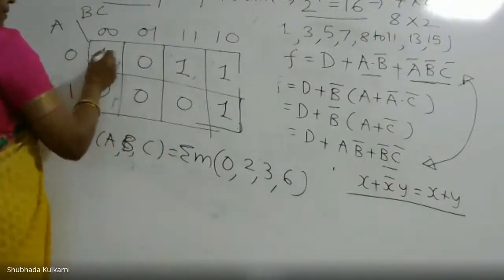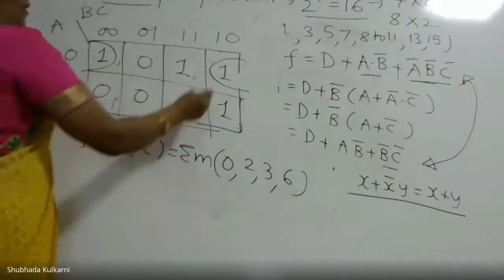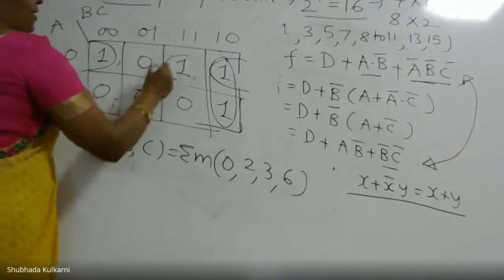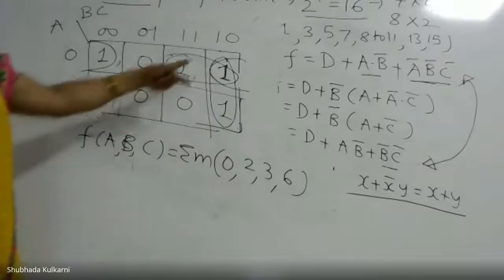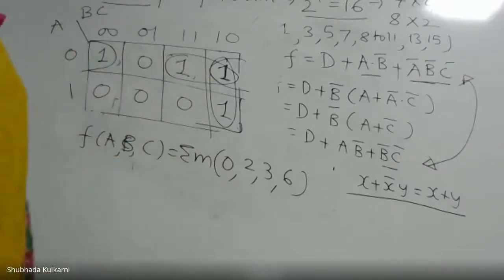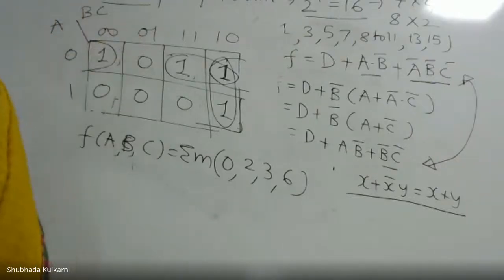This one can join this one to form a pair. This one can share with this one to form a quad. And this one can share too. So this single 1 you can find in 3 groups, this pair and this pair. Otherwise, you can keep this one as an independent min term and write the expression.